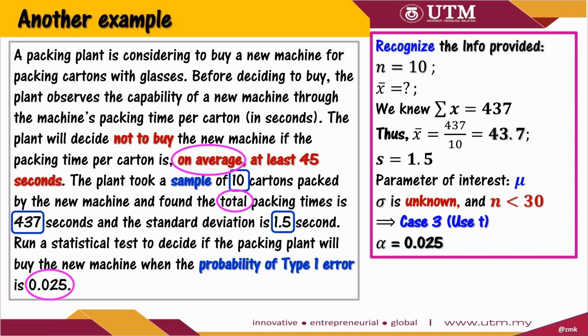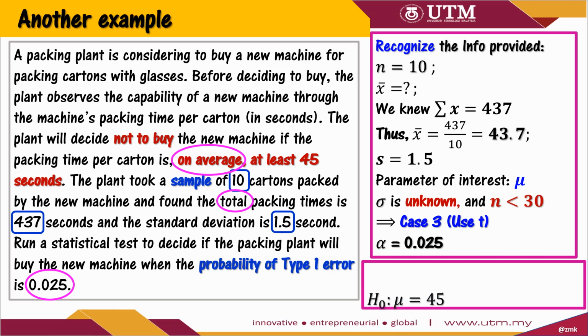Now, what are the null and alternative hypotheses H0 and H1 for this question? Since we know under H0 we must always have an equality sign, then we can write H0: mu is equal to 45. But what about the plant's statement? The plant says it will not buy the new machine if the machine's packing time is on average at least 45 seconds.